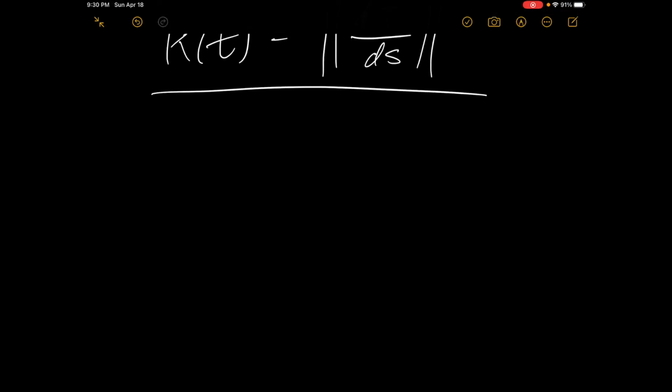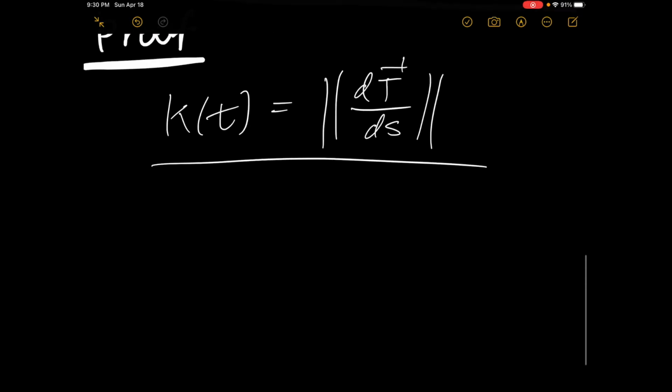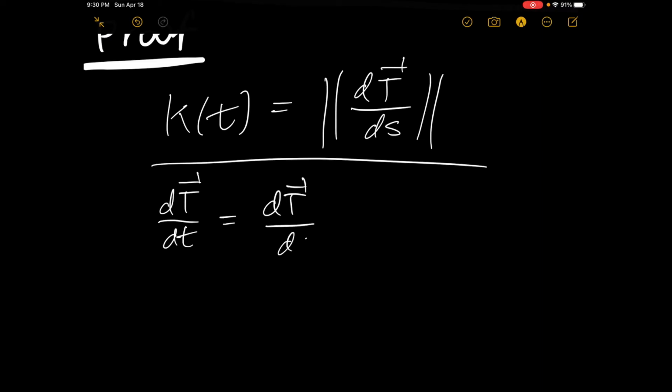Of course, like I told you, since kappa is a function of time, it would be better if we could write this as a function of time. So we start with the chain rule. What happens if we take dT over dt? As we know from calculus, using the single variable chain rule, it becomes dT over ds times ds over dt. ds over dt is basically the speed.